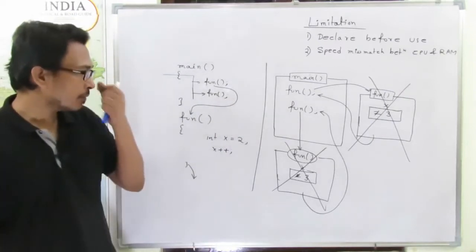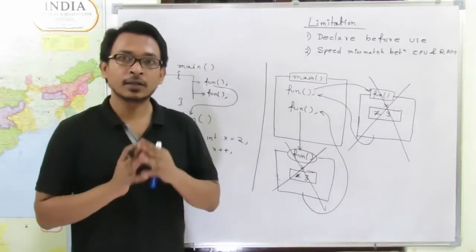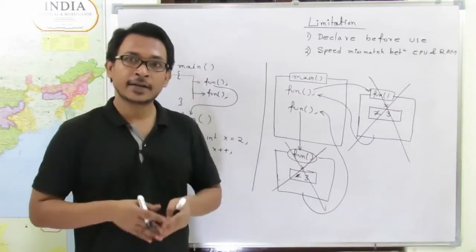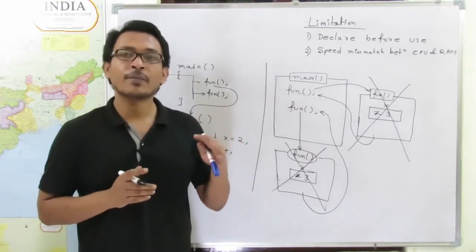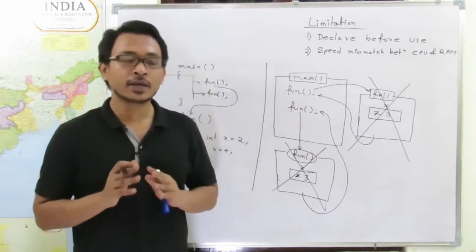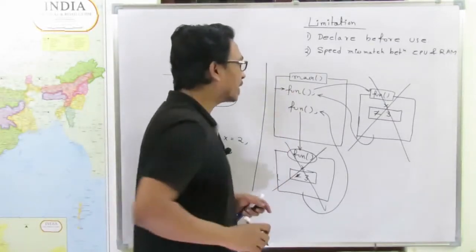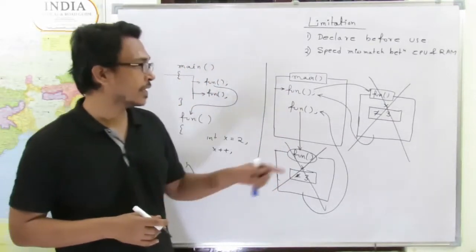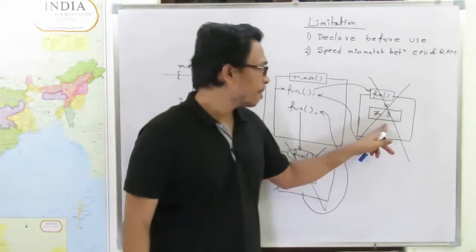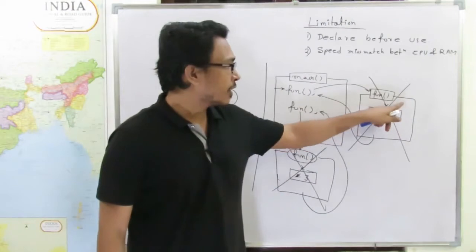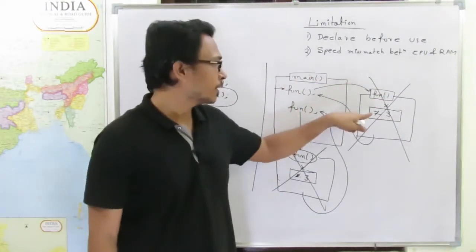Look, there is some scenario when we may need to get the previous execution status of a particular function. What does it mean? That means, look, when we execute function fun for the first time, at that time system will allocate memory for the fun function, and then all the variables declared inside fun function, memory is allocated for those variables from this fun function.